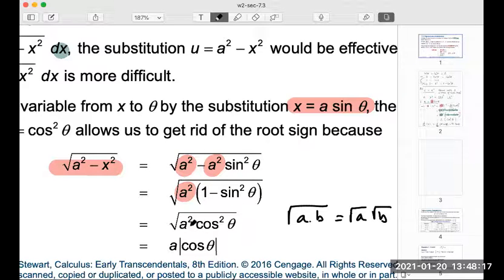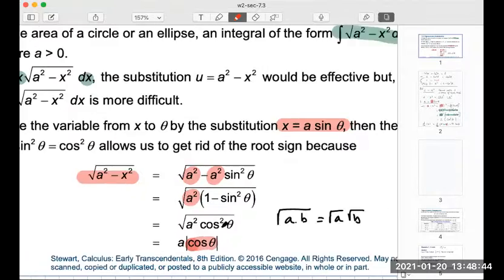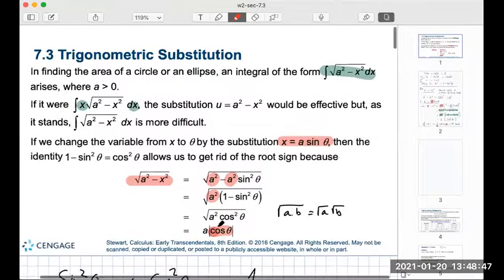And in this case, square root of a squared, with a a positive number, for example, becomes a, right? And square root of cosine square will be the absolute value of cosine. Remember, we should take the absolute value here. Okay. So we can get rid of this guy.